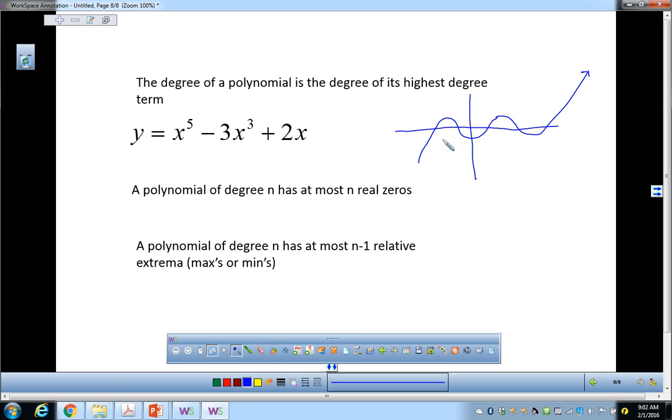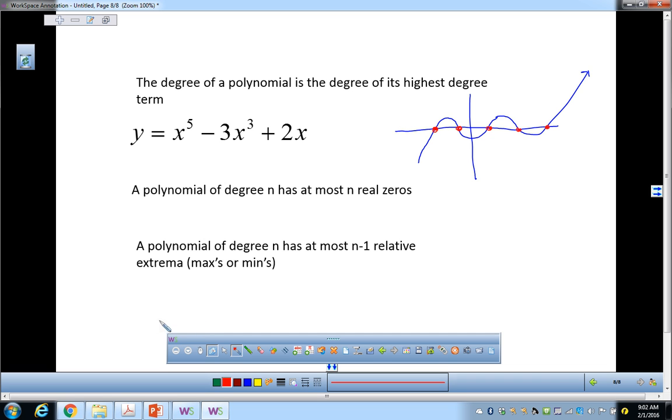Is that right? 1, 2, yep. So a polynomial of degree n has at most n real zeros. So the most places that this thing can cross the x-axis is 5.